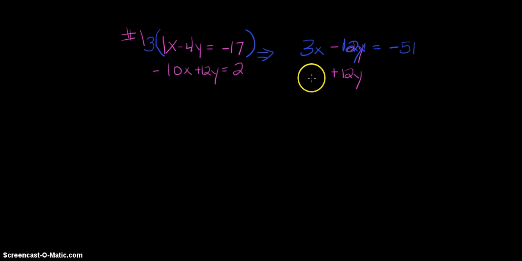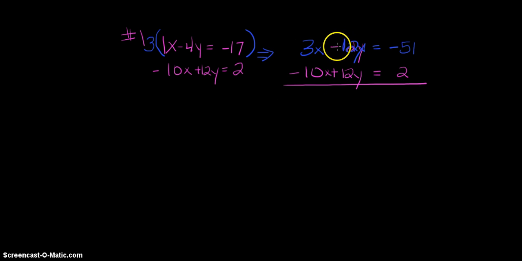Sorry guys, this is so sloppy. So my top equation has changed, because I multiplied by 3 to get that negative 12y. And I have not made any changes to the bottom, so I am just going to copy down the bottom equation.